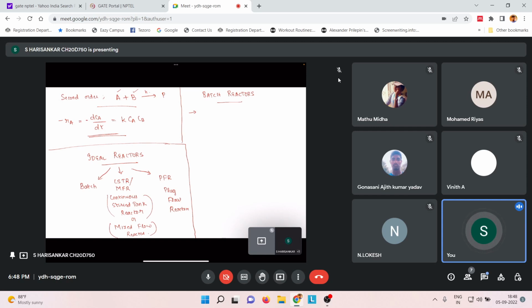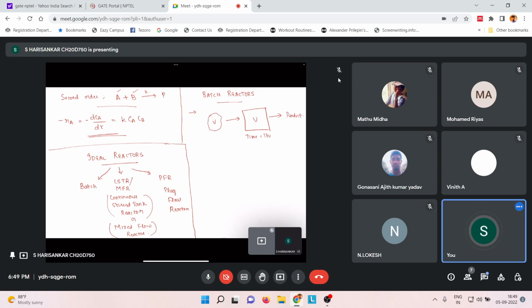So batch reactor means you process, let's say you have this much amount of reactant, the volume V, and you put it in a batch reactor, which is also V, and you get the final product. So basically, you take some amount of reactant, put it in the reactor. Let's say the reaction time is 1 hour.